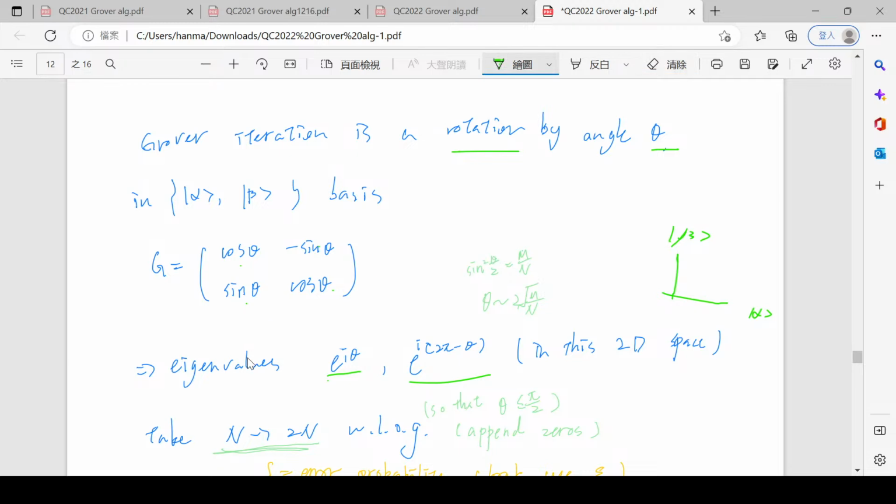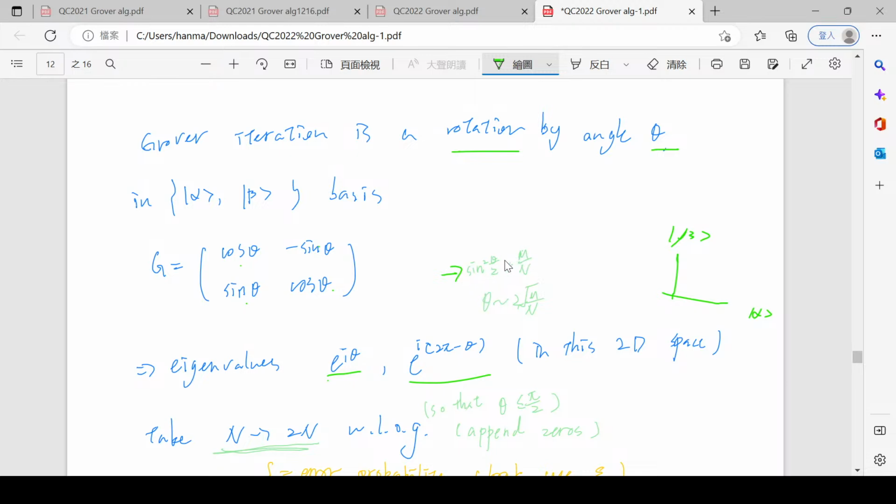And then you can see why this works, right? So remember, we have this equation relating theta to M over N, and N is something we know. Okay. So M is something we don't know. So if we can learn theta here, then you can get M from this theta. Right?